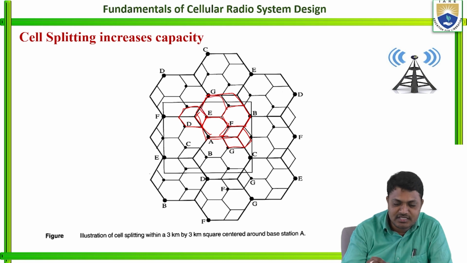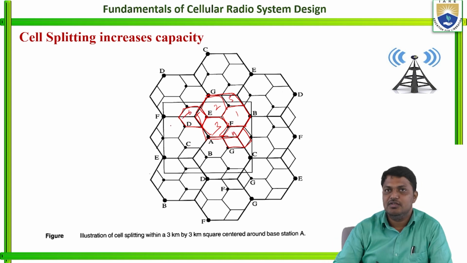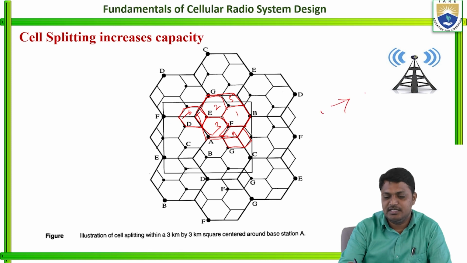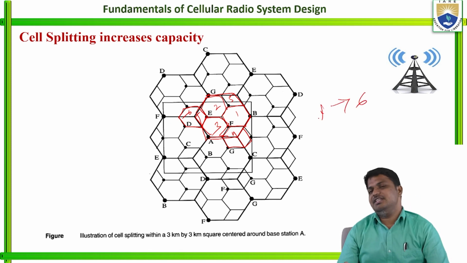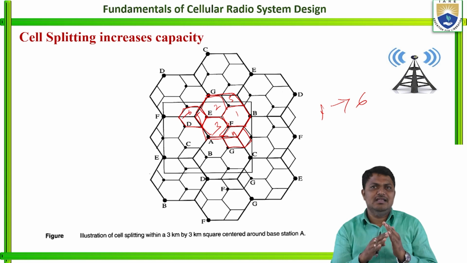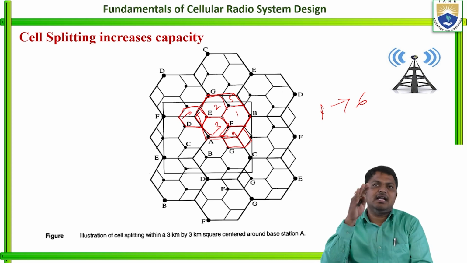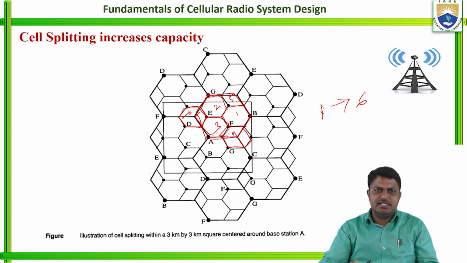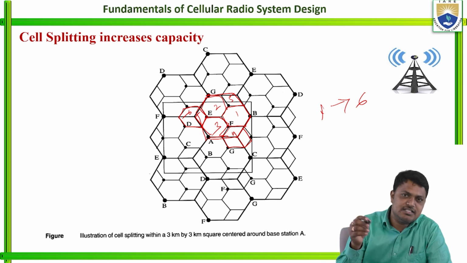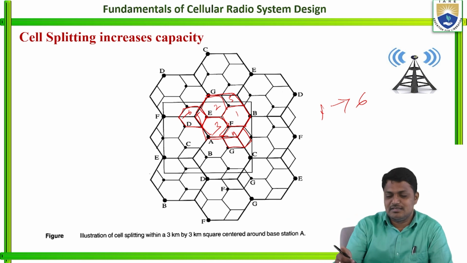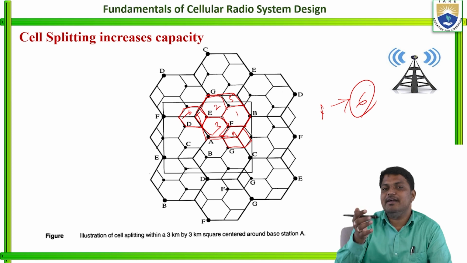Then this one cell is split into 1, 2, 3 along with the adjacent cells, that is 4, 5 and 6. So here one cell is split into 6 small cells, each with a base station. One base station is converted into small ones, and automatically the height of the antenna is reduced here, and one large cell is split into the 6 small cells or microcells.